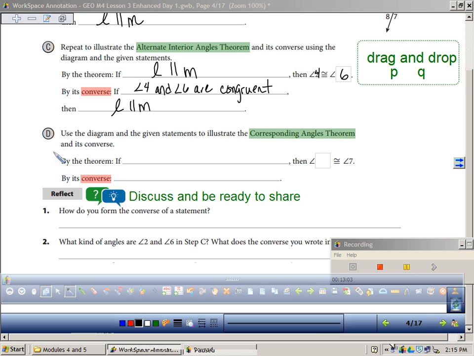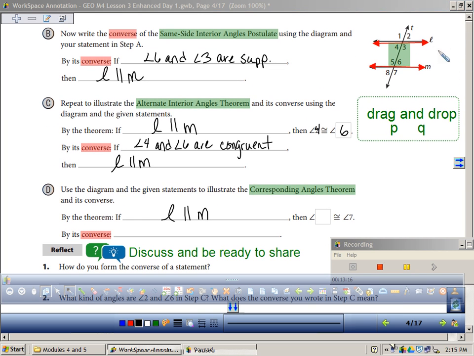What about corresponding? By the theorem, if L is parallel with M, then what's corresponding with 7? 5. I hear 3. Does it say something different here?